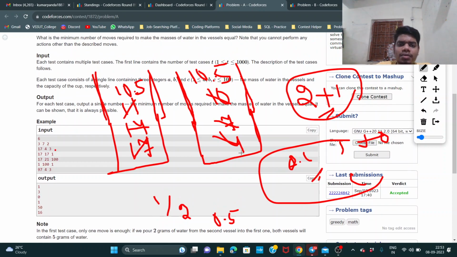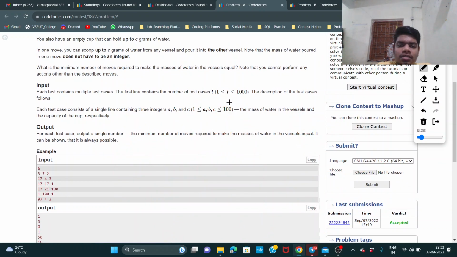This is a simple problem, and another thing is that the constraints are pretty low. There is no need to solve this problem in constant time. I have seen some pro coders solve this problem in constant time, but you can solve it in constant time, or you can just iterate. I have said to just take water from the bigger vessel, where the mass of water is more, and pour into the smaller one.